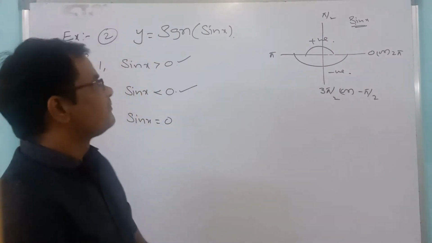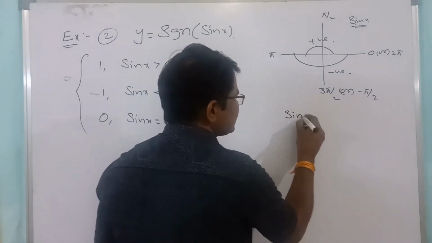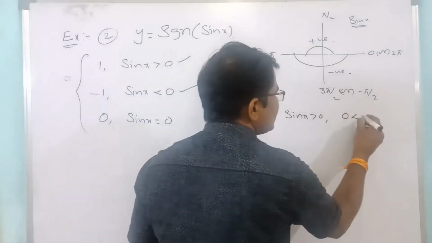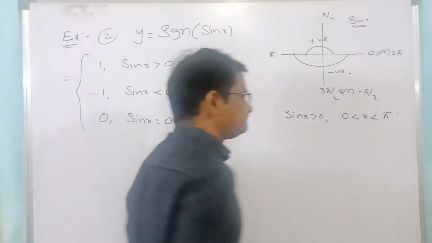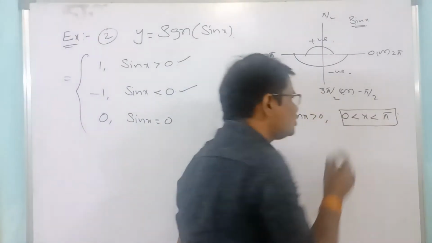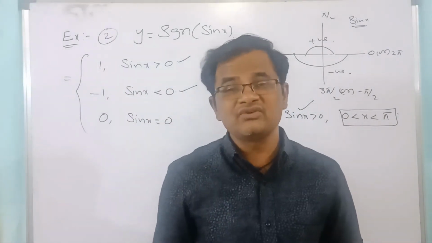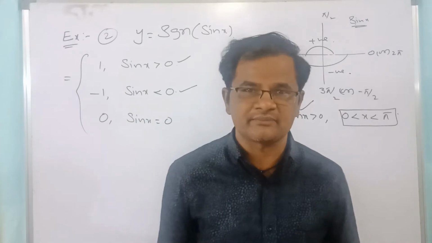Now see sin x greater than 0. Where? If sin x is greater than 0, 0 less than x less than pi. Is there only one interval, 0 to pi, for sin x greater than 0? No, infinitely many intervals are there.